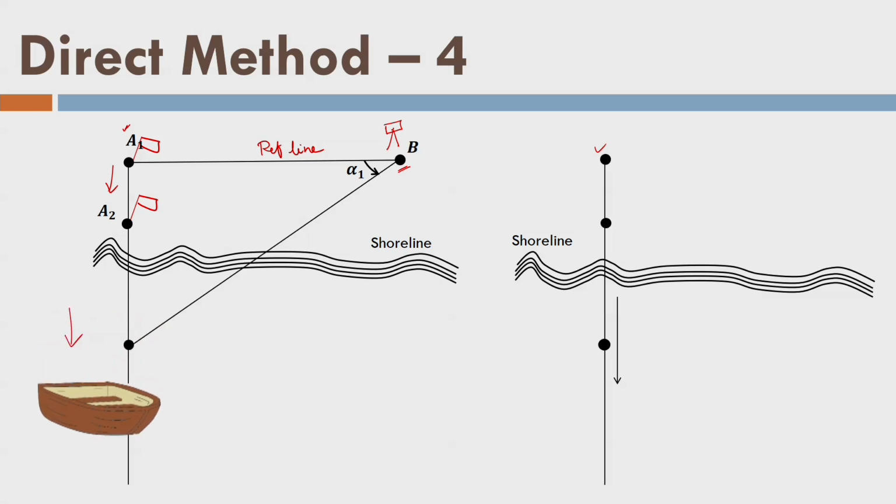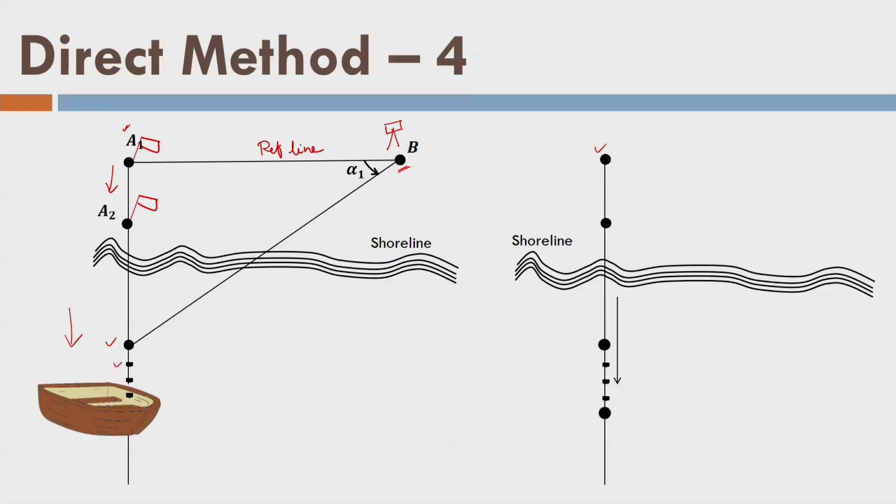Then the boat will go to the next position, and from this position to the next position we are measuring the time. Let us say we have a clock, and using the clock we are measuring the time, and every 5 seconds or 10 seconds or maybe every 30th second we are measuring the sounding. So, this position is my sounding position, this is another sounding position, and they are at a regular time interval. That means my boat is moving at a constant speed, and that is the beauty of this method.